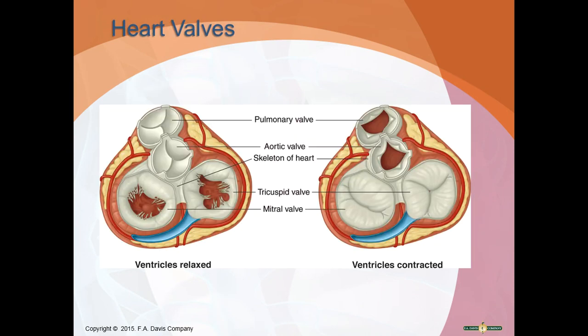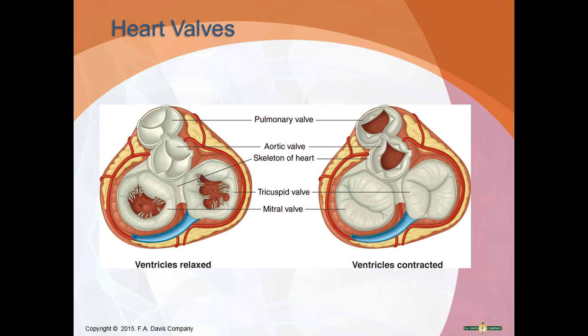So the heart valves. Each of the heart's 4 valves is formed by 2 or 3 flaps of tissue called cusps or leaflets. The atrioventricular or AV valves regulate flow between the atria and the ventricles.